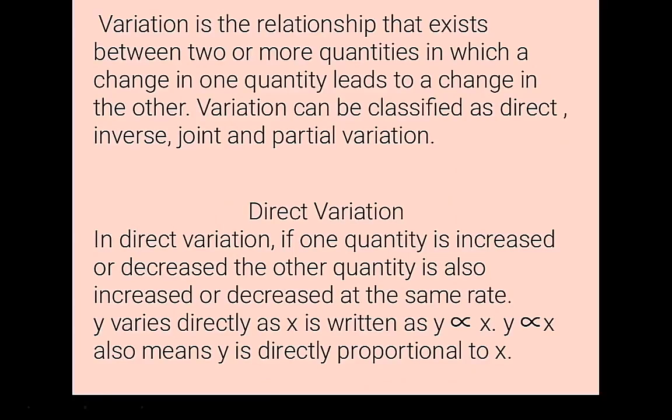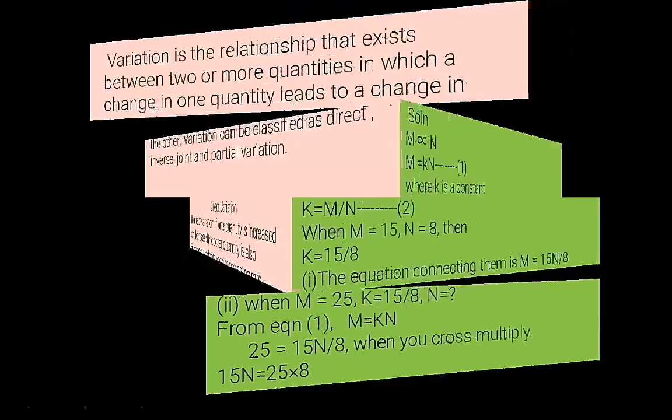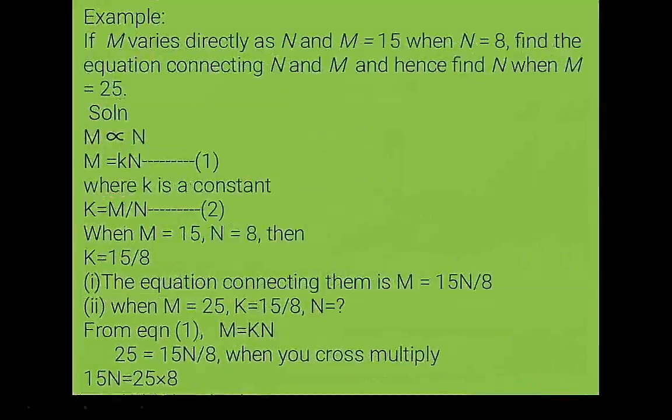That is, y varies directly as x. This also means that y is directly proportional to x. For us to have a good understanding of the topic, let us look at an example that will help us understand the lesson.